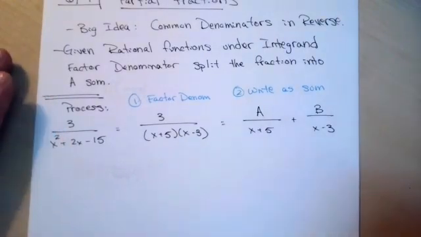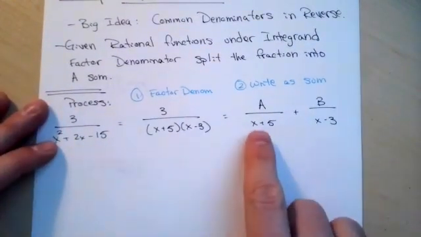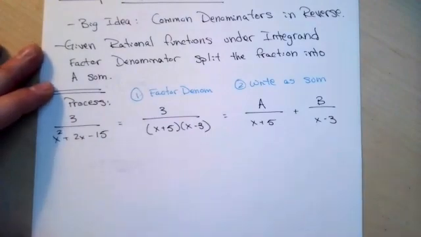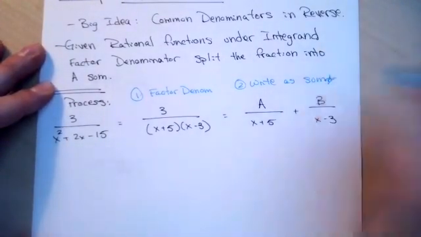And actually, let's explain that now. So since we have linear factors in the denominator, let's get some more space.